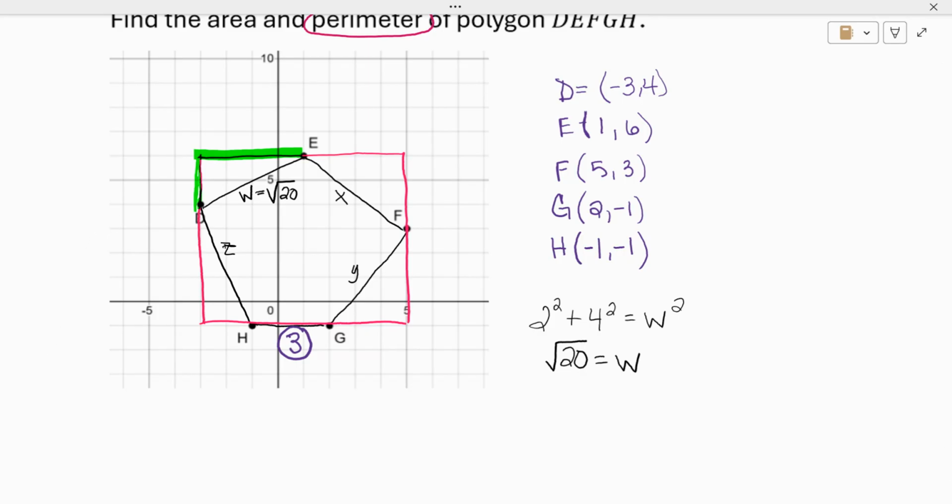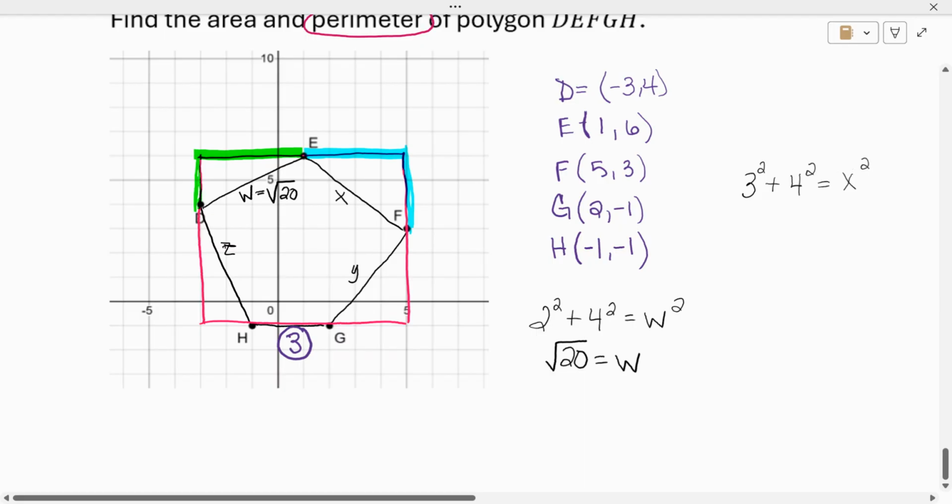Let's look at X. What are the dimensions of my legs to calculate the hypotenuse X? Go ahead, Owen. Your base is 3, so 3 squared, and your height is 4, 4 squared equals X squared. What is 3 squared plus 4 squared all together?